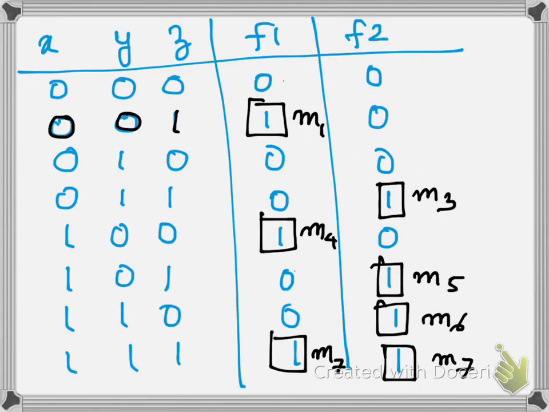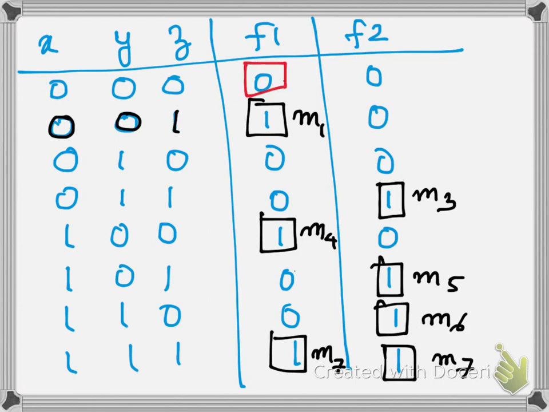For the same functions f1 and f2, now instead of taking the ones, we will take the zeros. If we take the zeros, then we get the complement of f1.